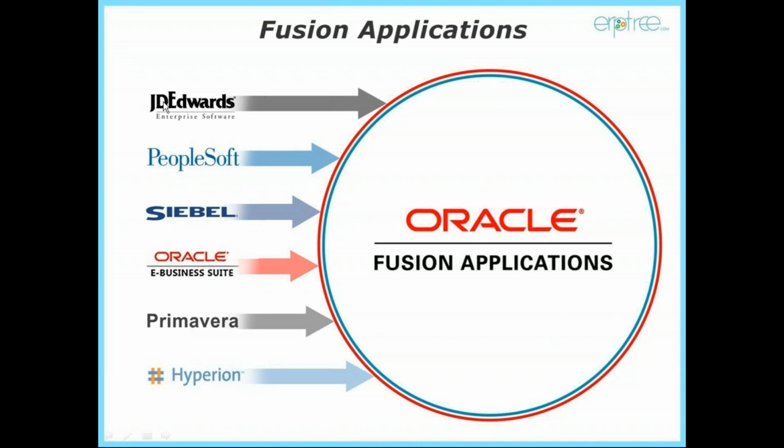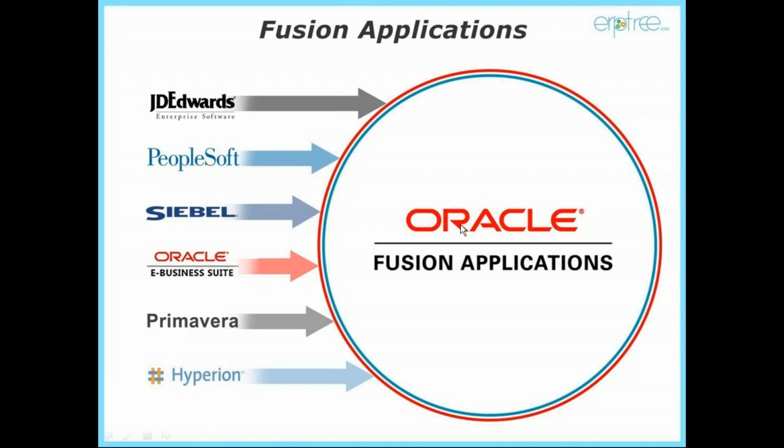From JD Edwards, which is famous for SCM, they took the SCM part into Fusion. From PeopleSoft, they took HCM, Human Capital Management, which is equal to HRMS in EBS. From Siebel, they took CRM. From Oracle E-Business Suite, they took financials. From Primavera, they took the project-related solution. From Hyperion, they took all the reporting capabilities and the planning and budgeting solution.